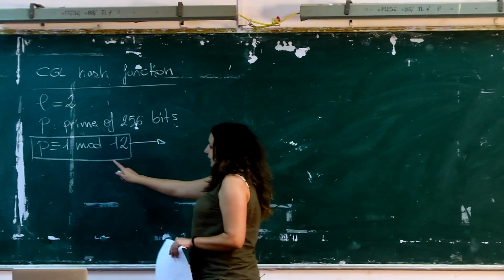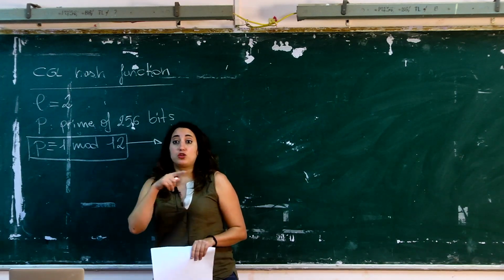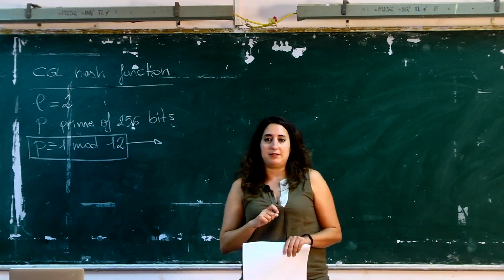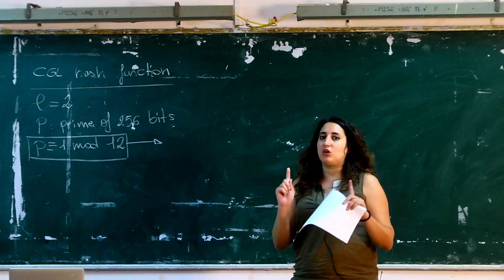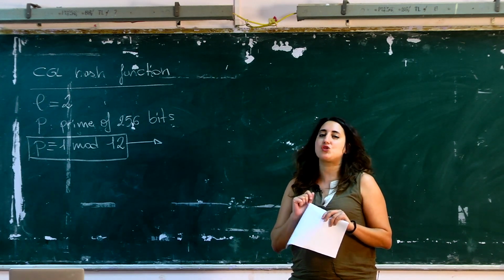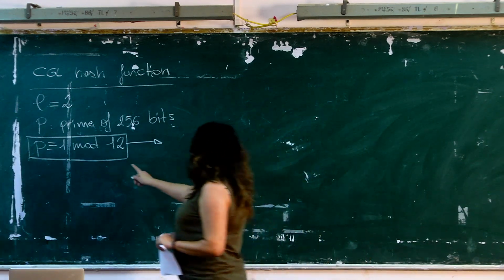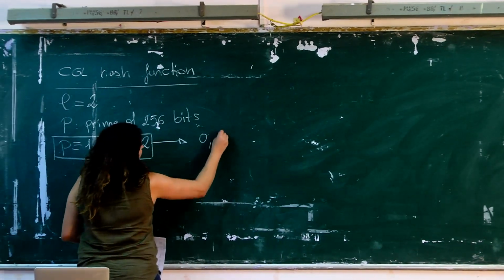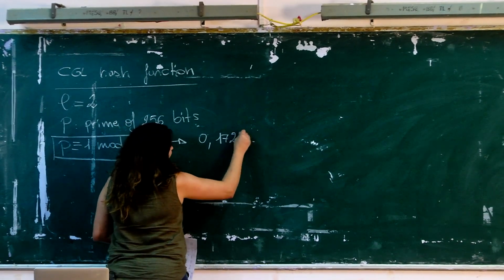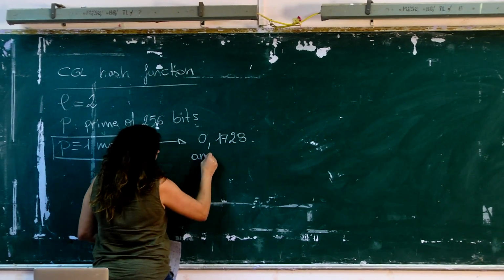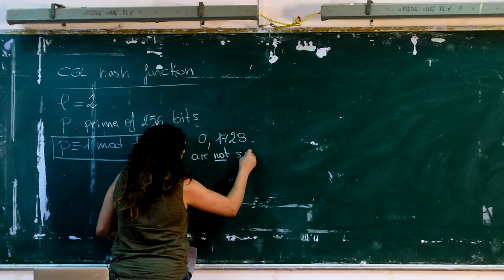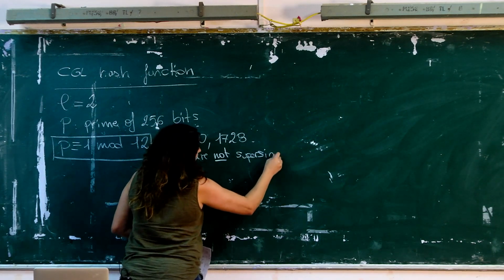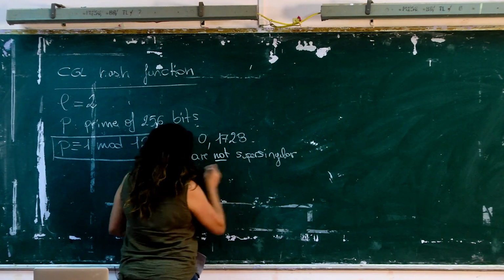And basically, under this condition, neither of the two curves is supersingular. And those two curves have the particular j-invariants 0 and 1728, which we do not like that much. So for this condition, 0 and 1728 are not supersingular j-invariants.